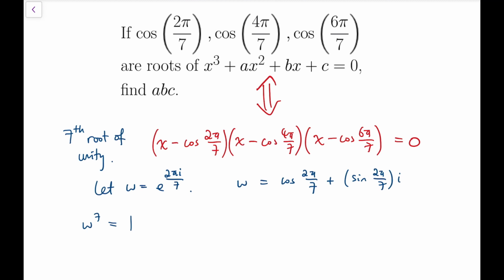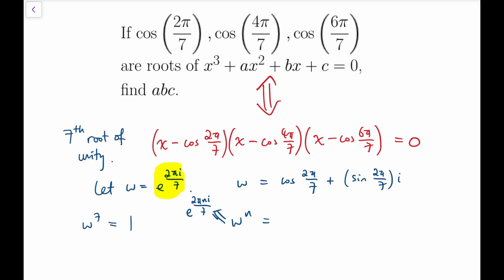And in fact, the special thing about this is that if we look at the powers, in exponential form it is e to the power 2 pi i over 7. If I call this number omega and bring it to the power n, you will get, in exponential form, e to the power 2 pi n i over 7.